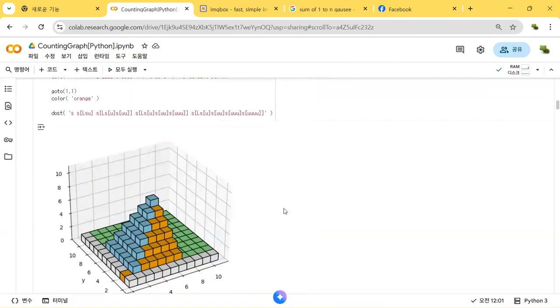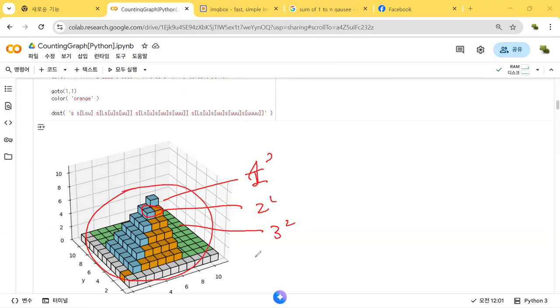And also from this one, look at this. The top is one squared, and the next one is two squared. Next one is three squared, like that. Okay. So inside of this formula, there are one, two, three, four, five, six squared.